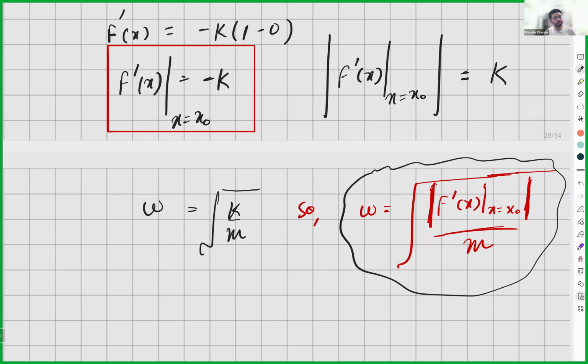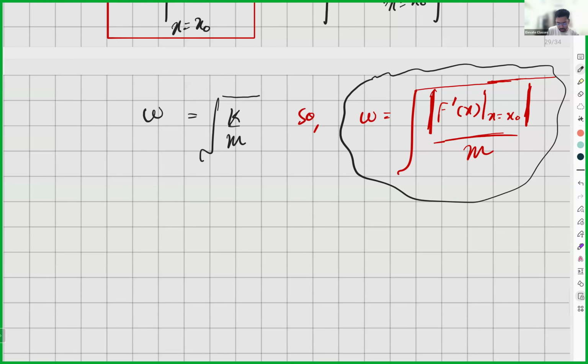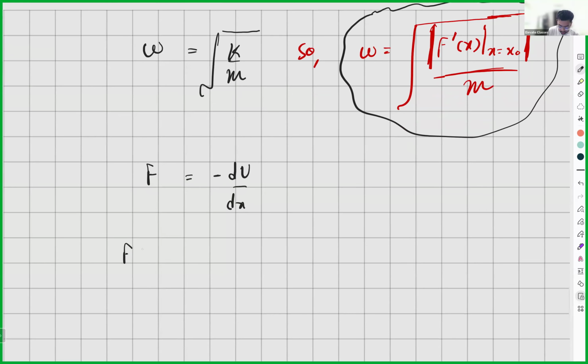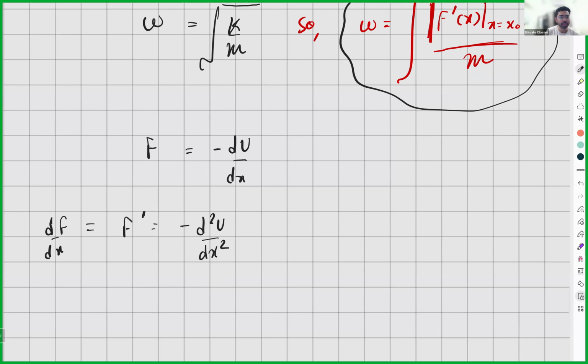So just use this method. That's it. Now I know that force is minus du by dx. So f dash will be minus d square u by dx square, because f dash is df by dx, of course. I'm doing it for one dimensional motion, obviously.